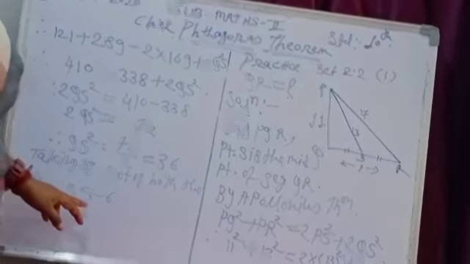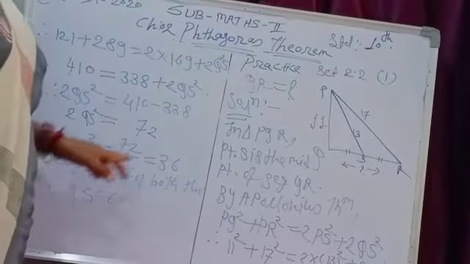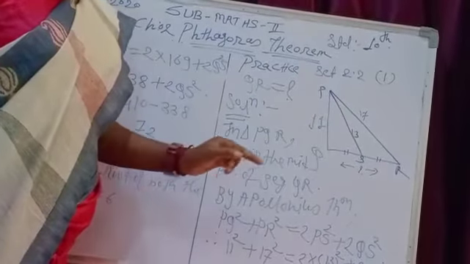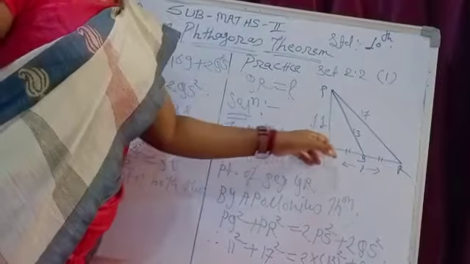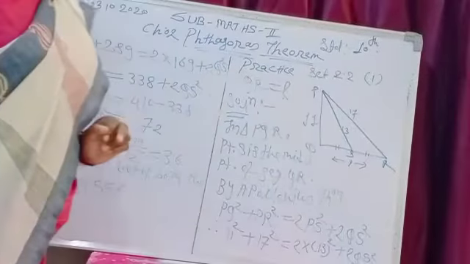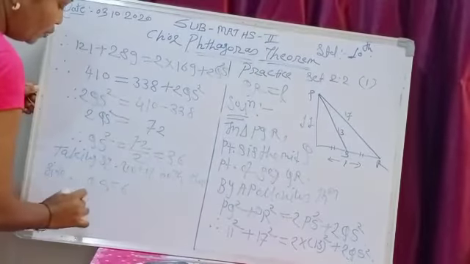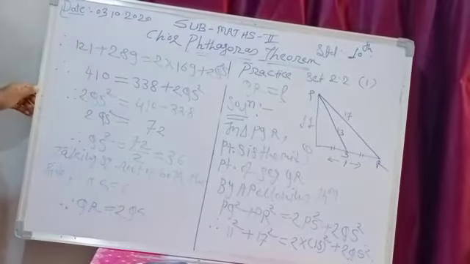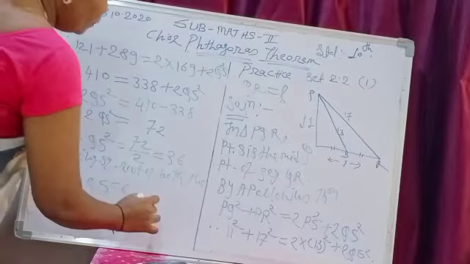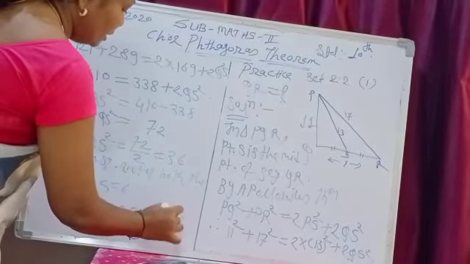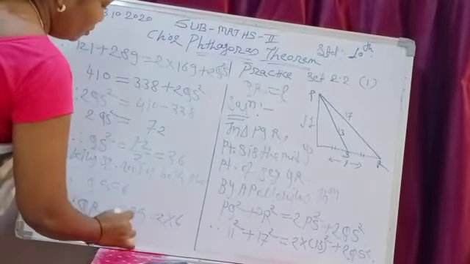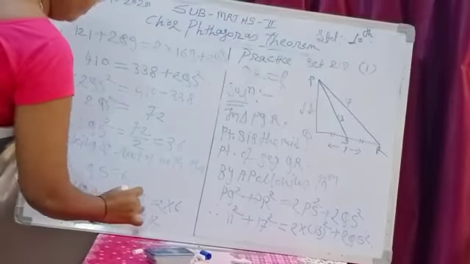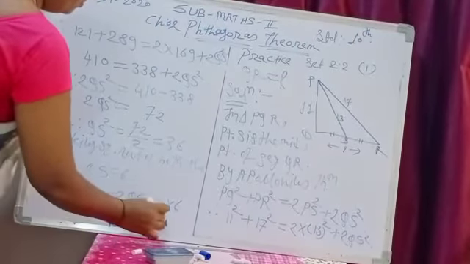But we will find the value of QR. Since S is the midpoint of segment QR, QR is equal to twice QS, which is 2 into 6, and therefore QR is equal to 12.